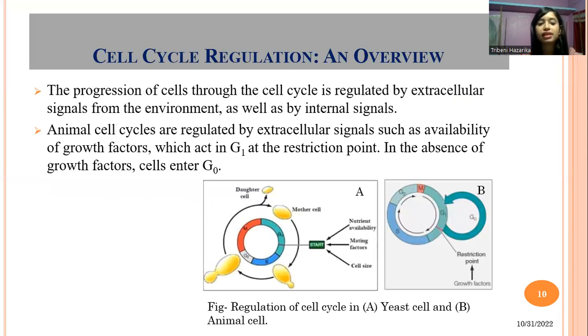Then coming to cell cycle regulation. As you all know, the cell cycle is a continuous process inside our body. Cells are constantly receiving signals to proliferate or grow, in the form of growth factors.